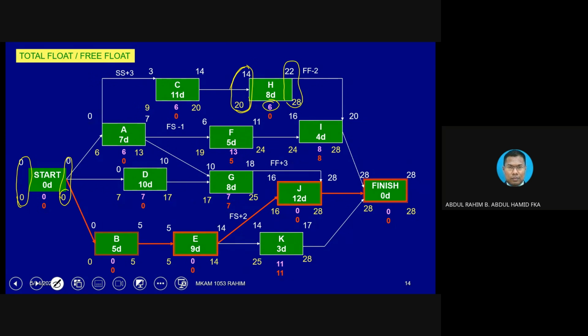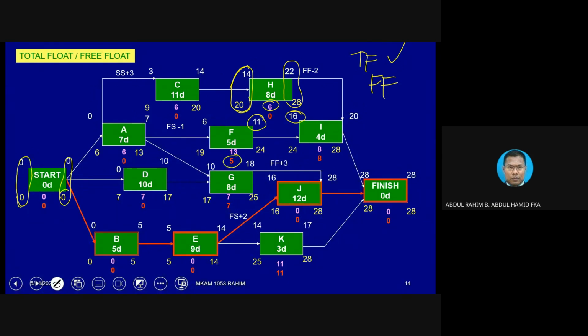Okay, now we have already completed the total float values. Now, the last one, we are going to calculate free float. Okay, free float, if we use the formula that I mentioned to you before, let's say between F and I, 16 minus 11, you get 5.